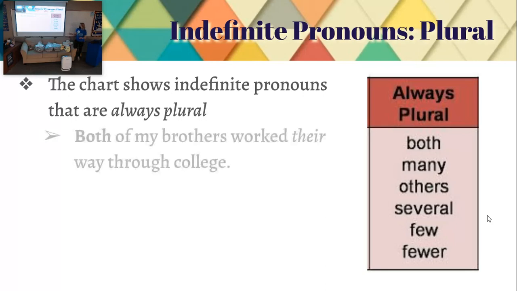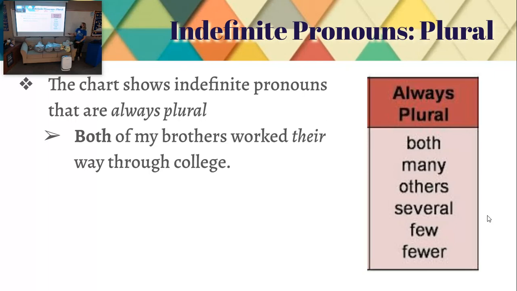So, of course, when we have a plural indefinite pronoun antecedent, we have to make sure that the pronoun we use in the sentence agrees with it. So it also has to be plural. So here's an example of that. Both of my brothers worked their way through college. So we have this both here, this indefinite pronoun antecedent subject.